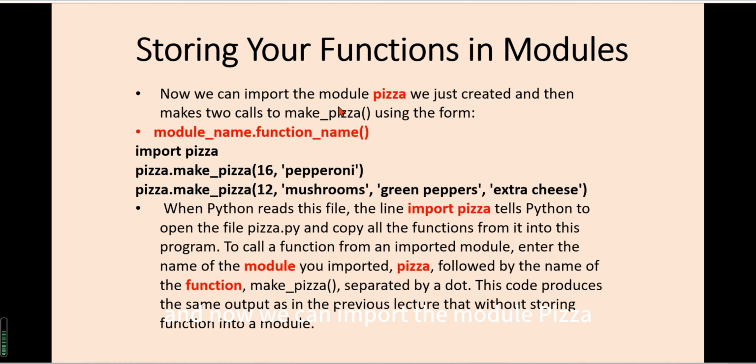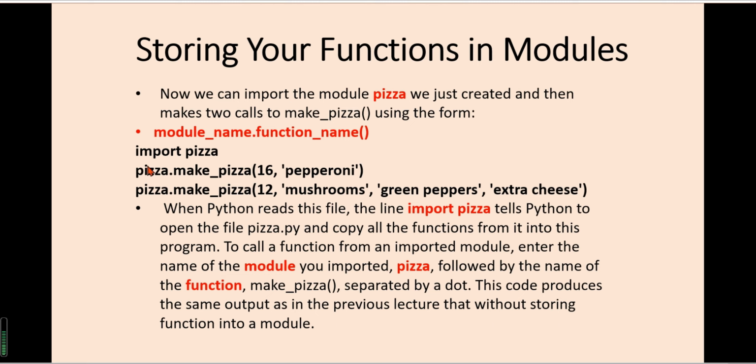And now we can import the module pizza. Pizza is the .py file, pizza.py, we just created, and then we make two calls to make_pizza using the form: module name, dot, function name, when we call this function. So we import pizza. Pizza is a module file with a .py extension in the same directory as the current source file we are running.